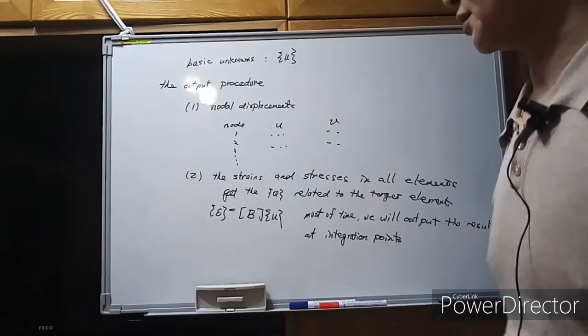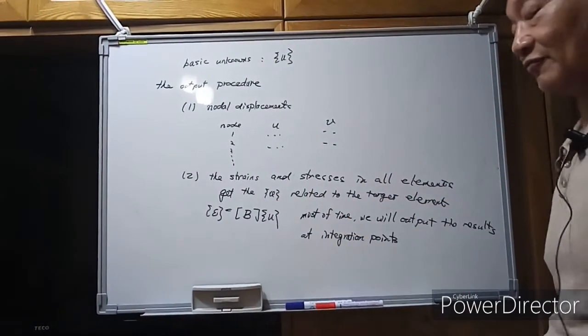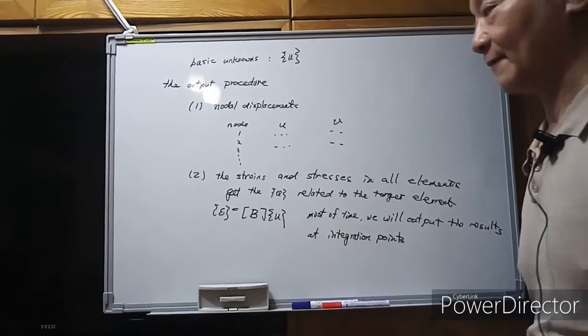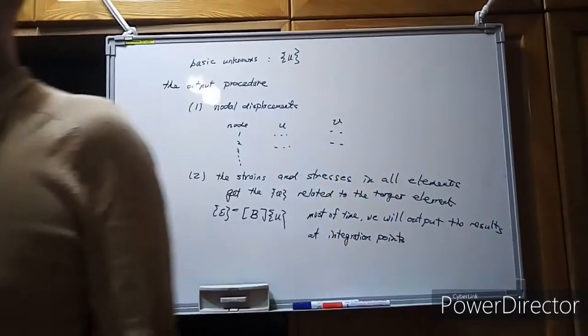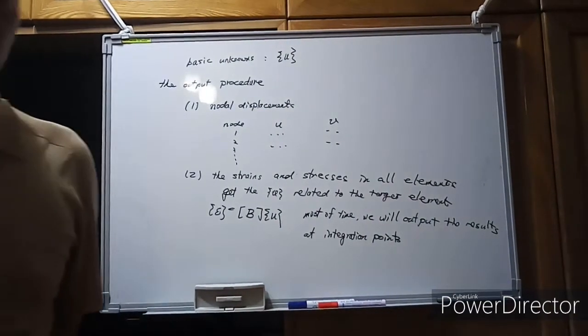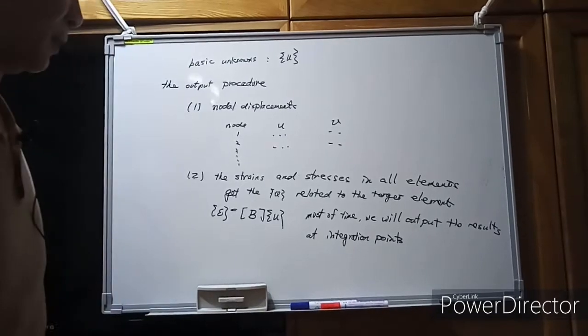So that's why in most packages, if you don't specify, the program will output the strains at the integration points directly.